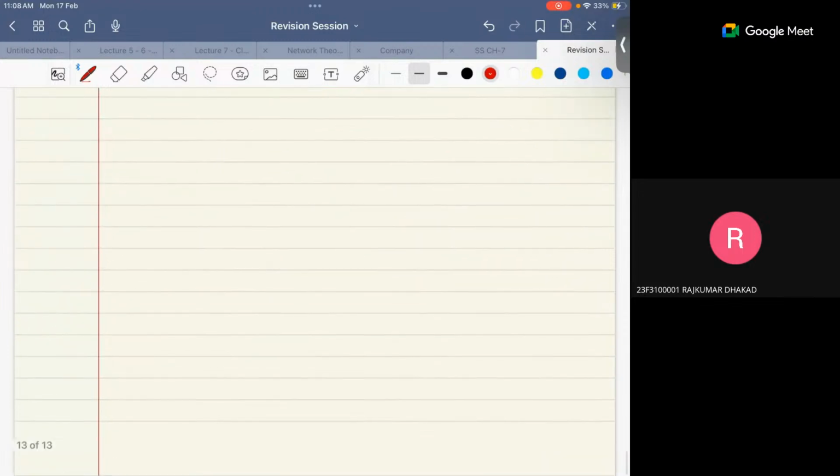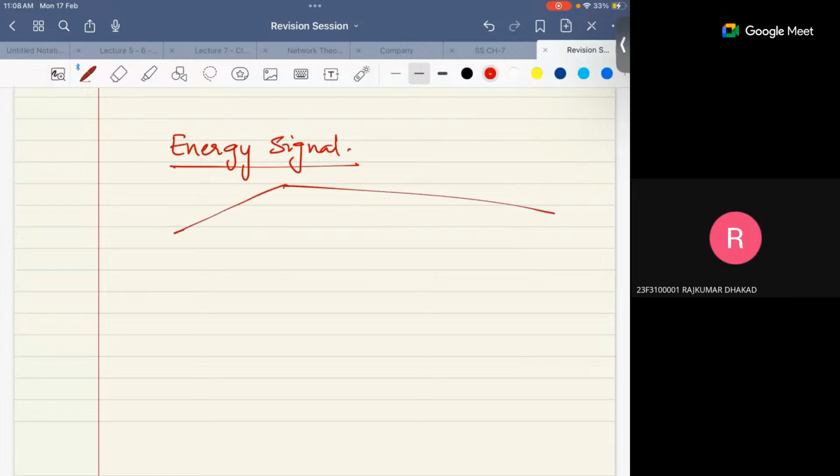Now, energy signal. The first thing is, how do you know whether the given signal is an energy signal or not? I told you two things during the session. What are the two things you should take care of?